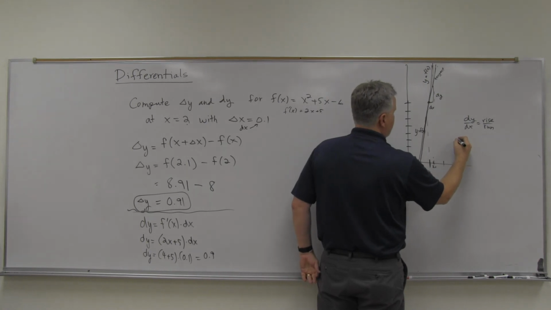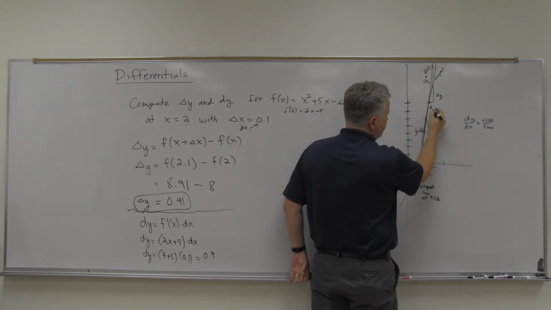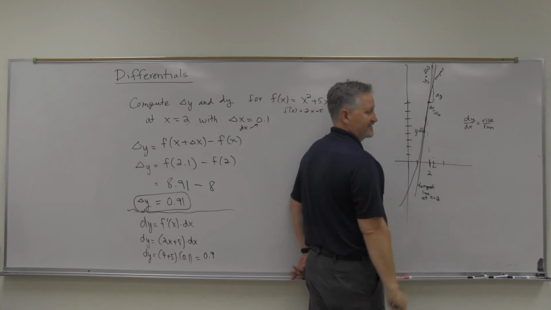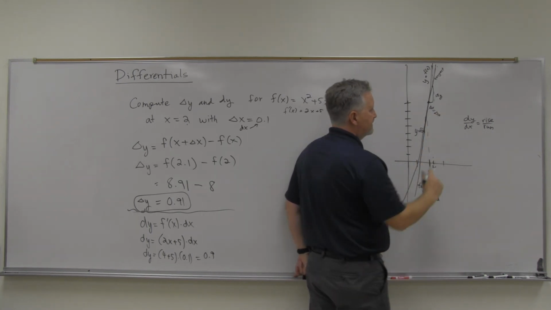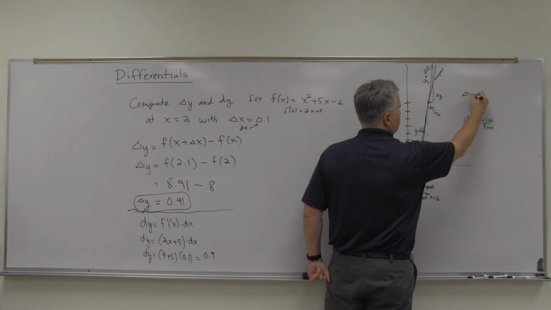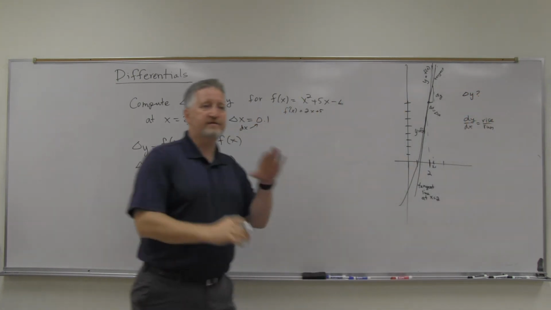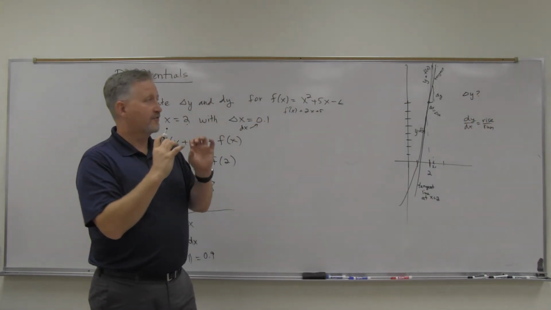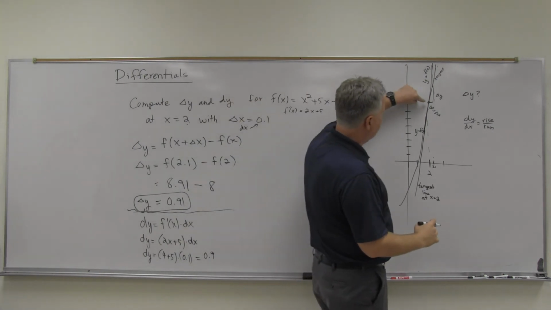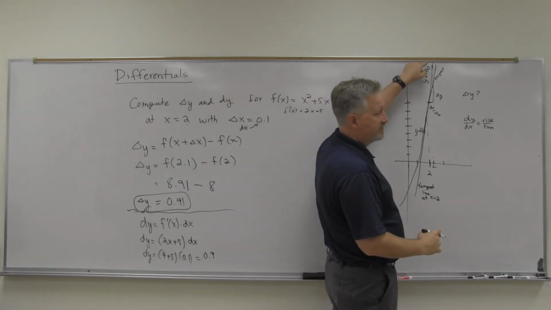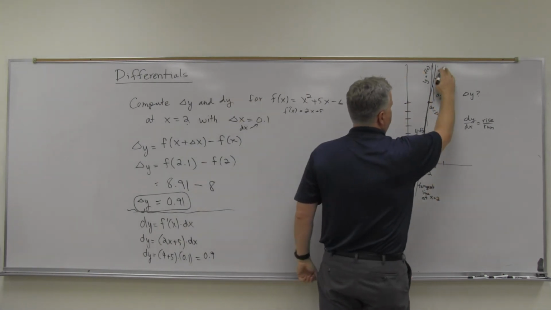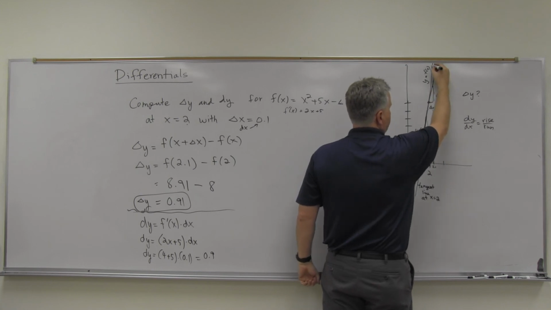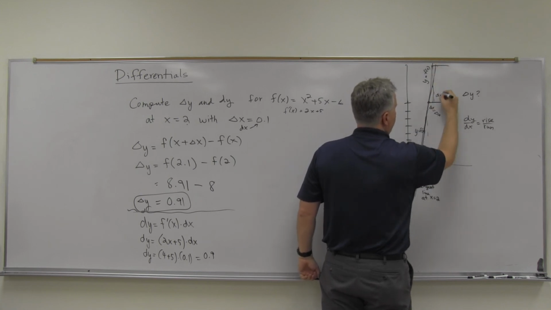Delta x and delta y, well, really delta x and dx are the same, so you've got dx and delta x. But then what about delta y? Well, delta y is the change in the y values. So that's from the y value here up to the y value here. On my graph here, dy just goes up to here.